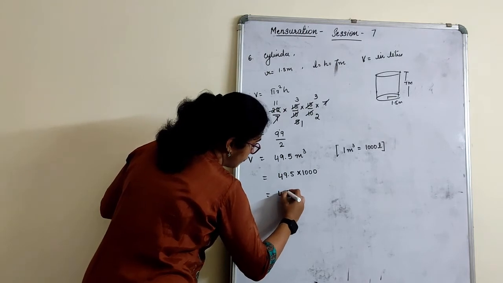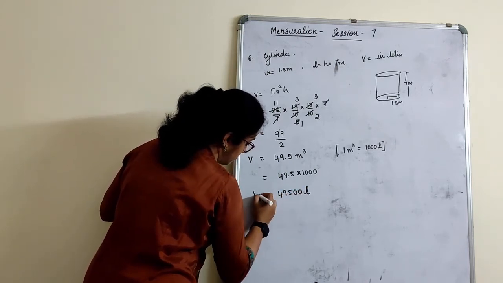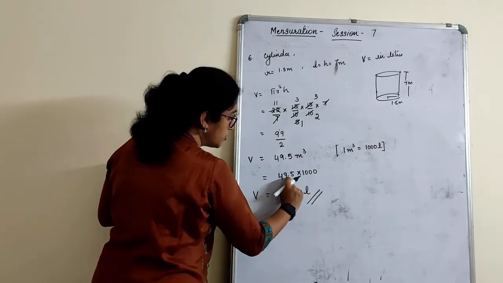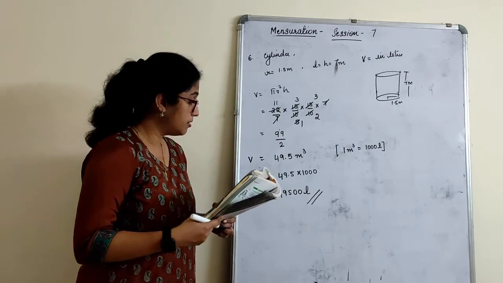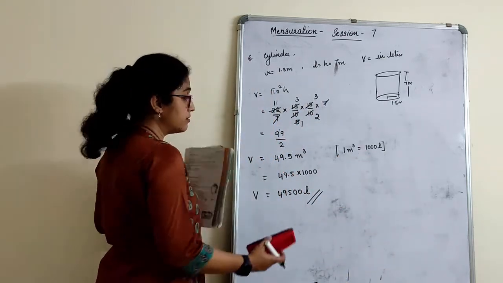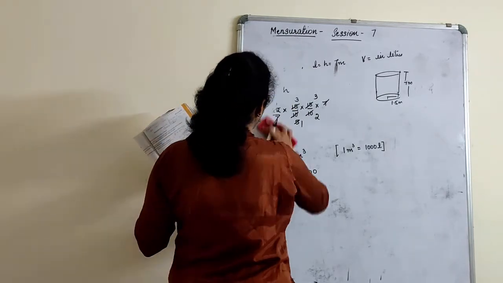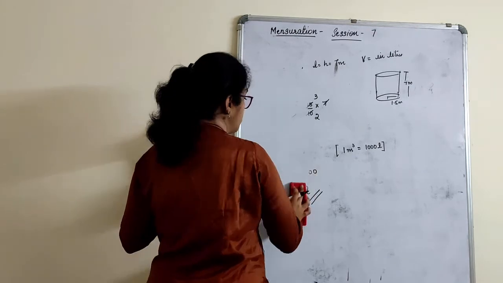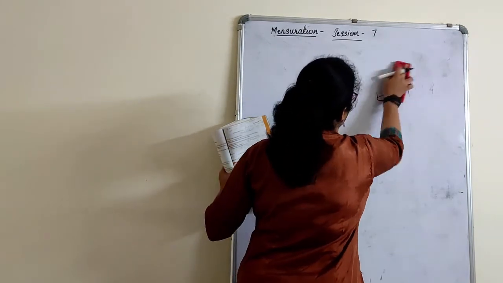So this is 49500 liters. Right? 3 zeros would come, but 1 will go in the decimal. Easy conversion. Remember this conversion here: 1 meter cube is equal to 1000 liters. Such basic conversions I expect you all to know. Conversion of meter to centimeter, liters, all these things.